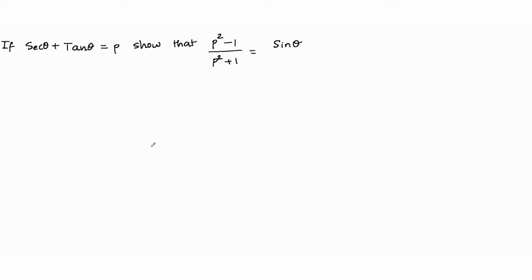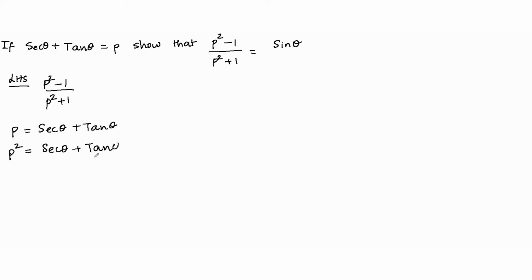So let's take the left hand side. So we have the left hand side, which is p square minus 1 by p square plus 1. I already know the value of p, so let me first find p square. P is sec theta plus tan theta, and therefore p square is going to be sec theta plus tan theta the whole square, right?